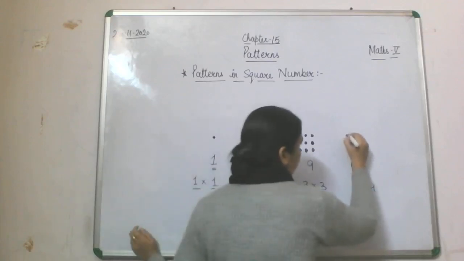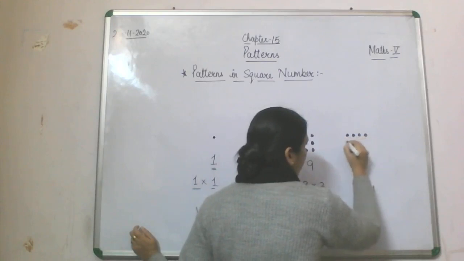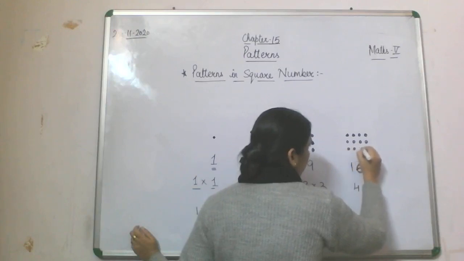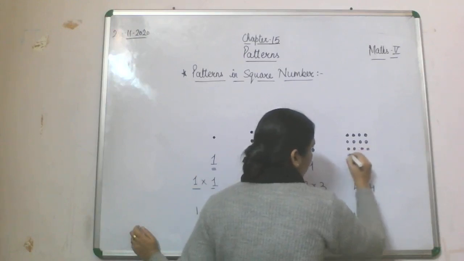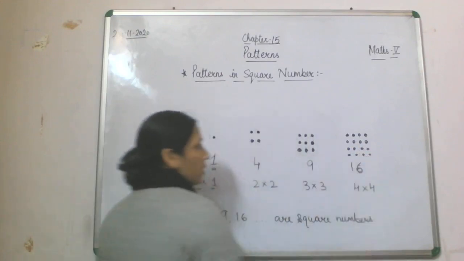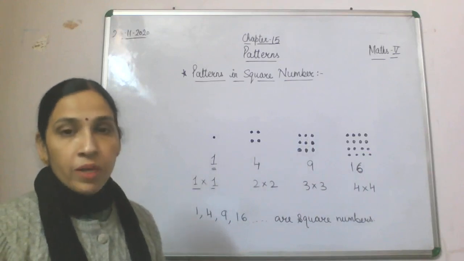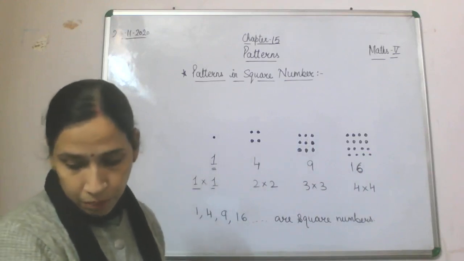Similarly 16, 4 on this side. 1, 2, 3 up to 16. Similarly we can arrange 25 also. So they are forming square numbers.